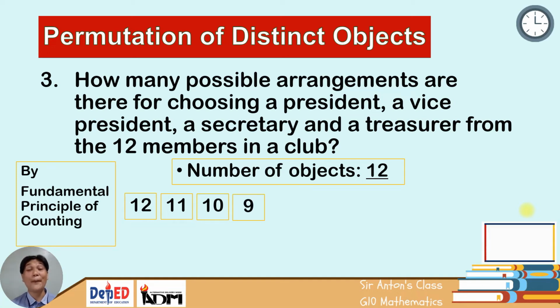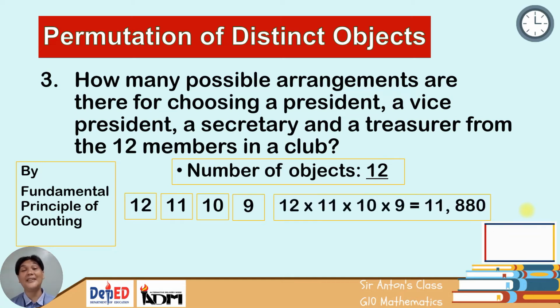Okay, so these are the numbers we need to solve for the possible arrangements. So using the fundamental counting principle, after electing the president, then we have 11. So starting from 12, then times 11 times 10 times 9 equals 11,880 ways.